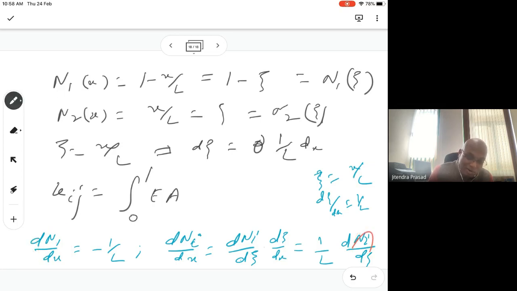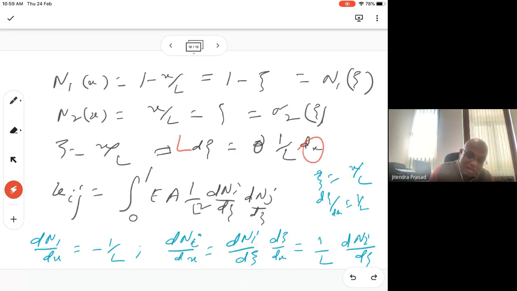So we can write 1 over L dNi d xi dNj over d xi. In both the cases, then we have to write L square. Then we have 1 over L. So see here, we have dx here. So dx equal to L times d xi. So we have to write here L times d xi.